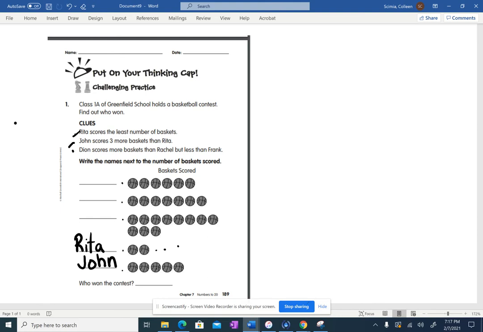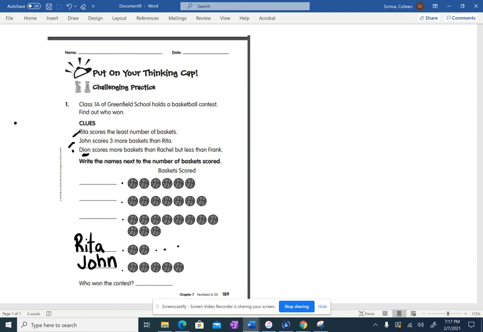Okay. Dion scores more baskets than Rachel, but less than Frank. So he scores more than Rachel and less than Frank.